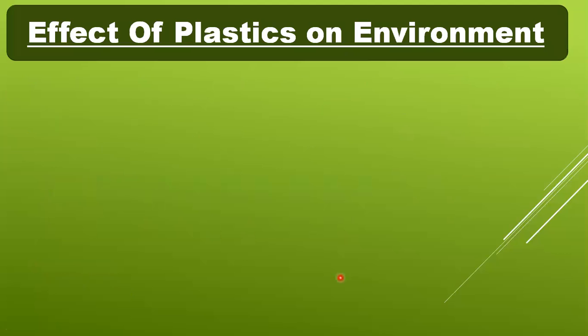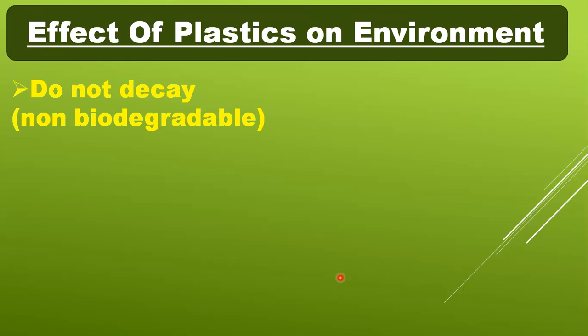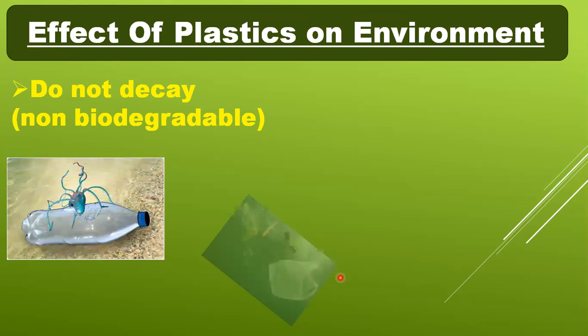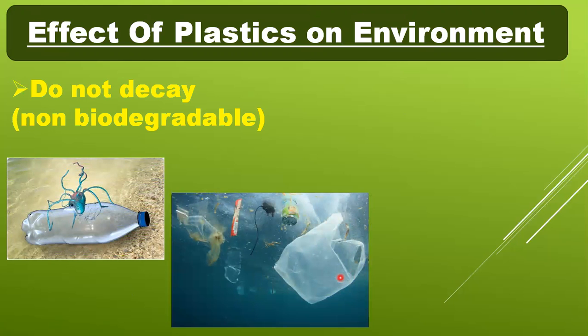Now discuss the effect of plastics on the environment, that is, what harmful effects plastics are causing on our environment. So class, plastics are non-biodegradable. It means that plastics are unable to decay in the environment.